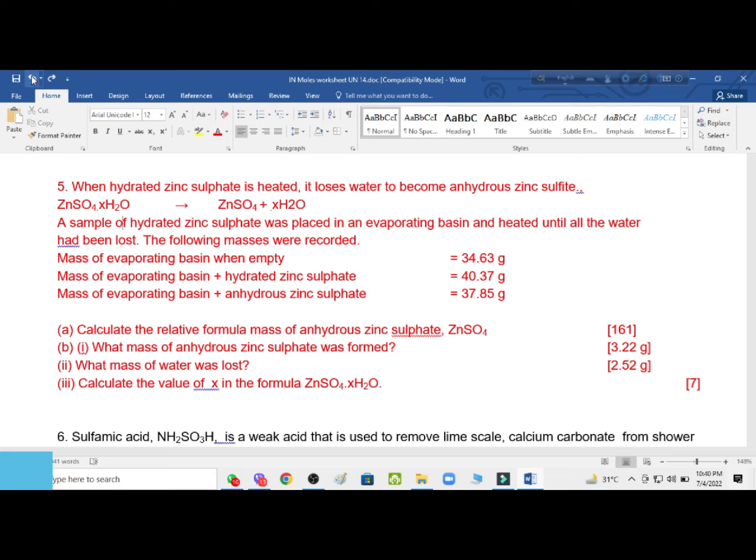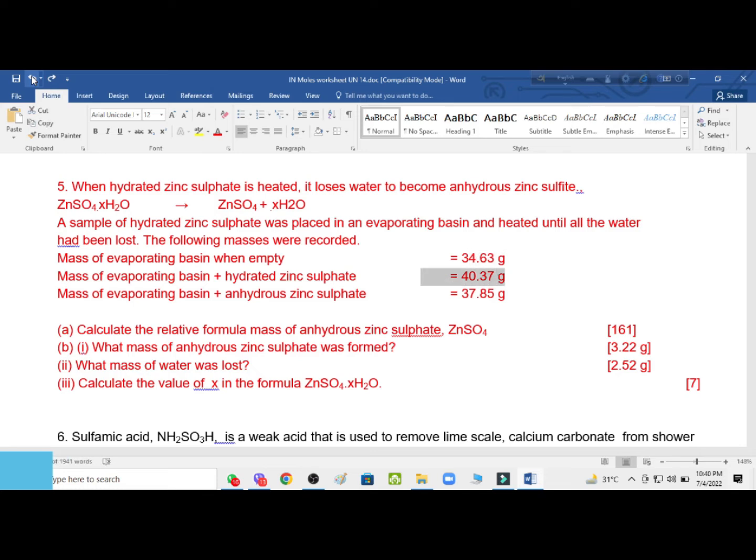A sample of hydrated zinc sulfate was placed in the evaporating basin and heated until all the water had been lost. The following measurements were recorded. Mass of empty container. Empty container is this, only the container.